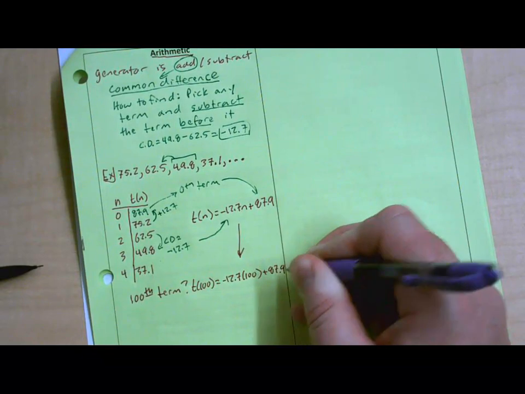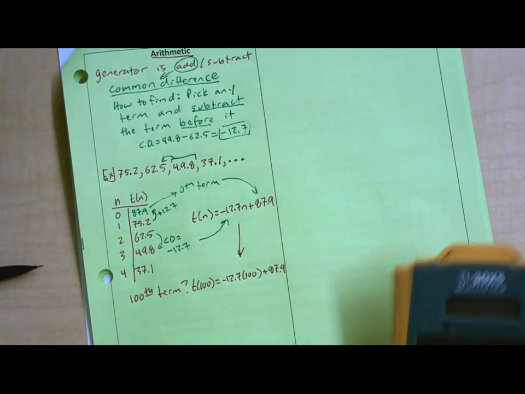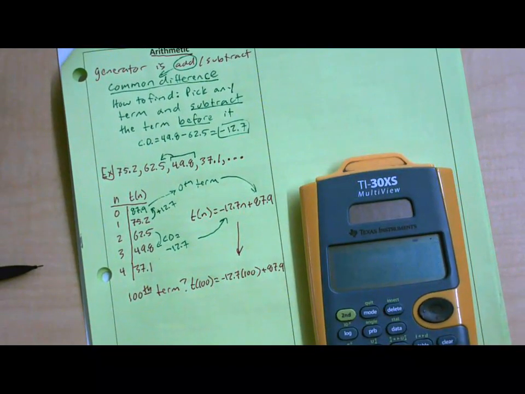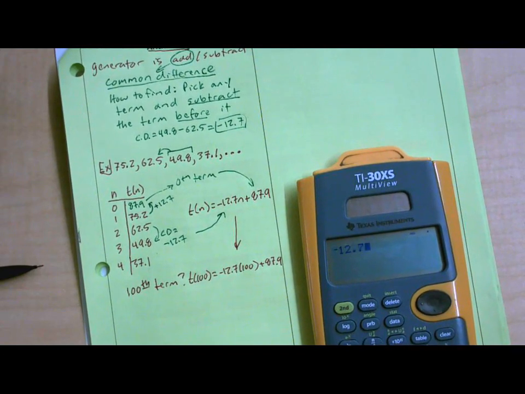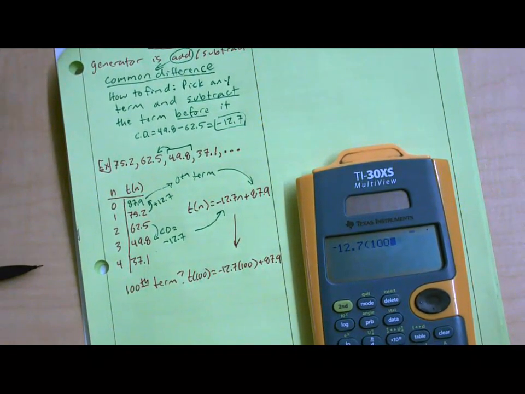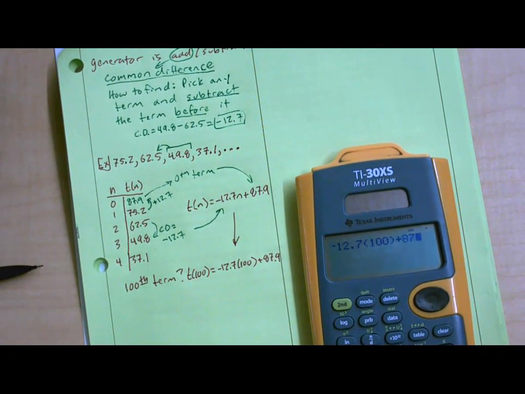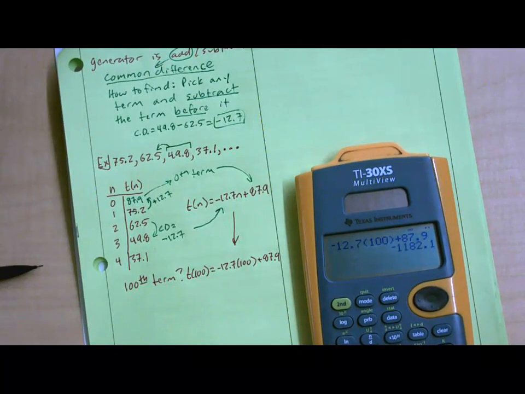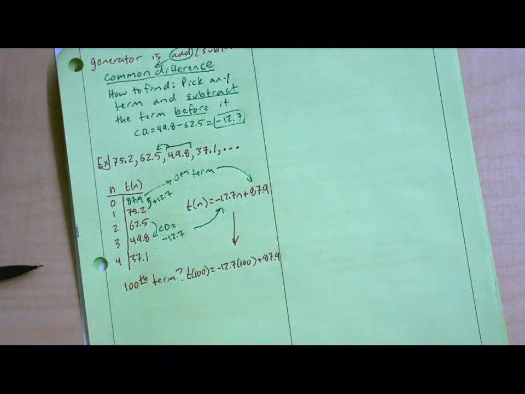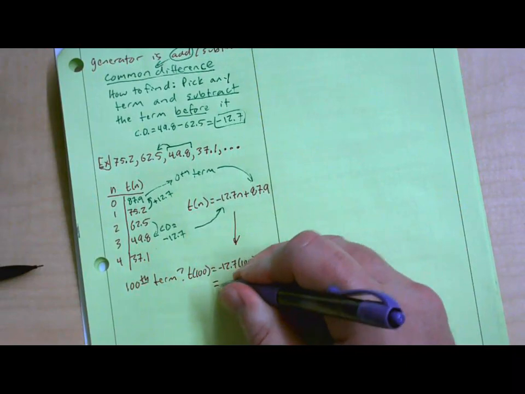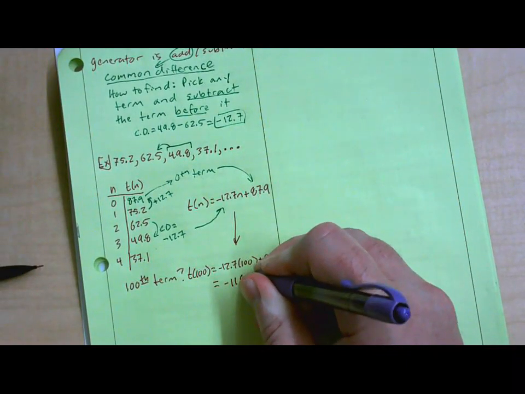If it's got decimals and big numbers, feel free to use your calculators. I think we could probably pull this off without a calculator, but yeesh. All right, that comes out to negative 1,182.1.